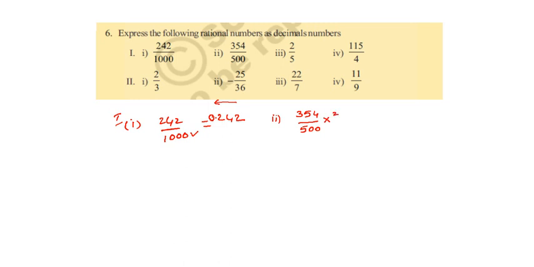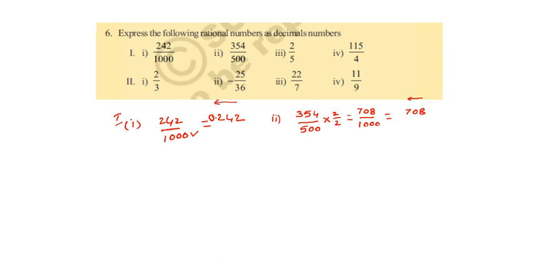Now it has 708 by 1000. Now the denominator is converted into 10, 100, 1000, 10,000 form. Now you may count how many zeros are there in the denominator. There are 3 zeros. Now you write 708 as usual, the numerator. After that you may count the digits from right to left.